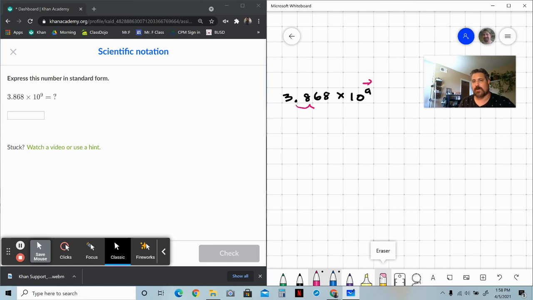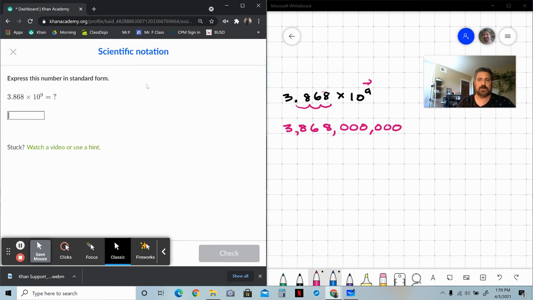And so you're going to go 1, 2, 3, and then past those 3, how many more places? 6 more places. So you need 6 placeholder zeros. So it's going to be 3, 8, 6, 8. And then you want to have 6 placeholder zeros. 1, 2, 3, 4, 5, 6. Because you're going to move it 9 places in all to the right. Okay? And so that's the answer you're going to have.